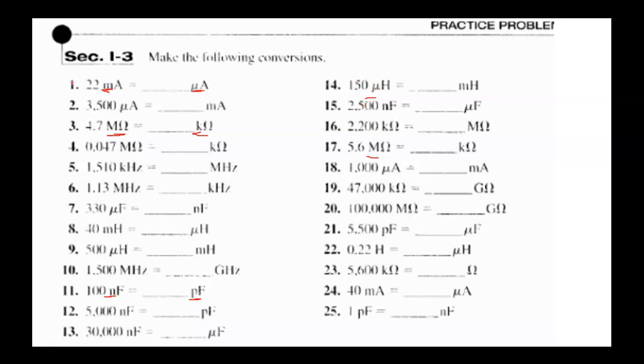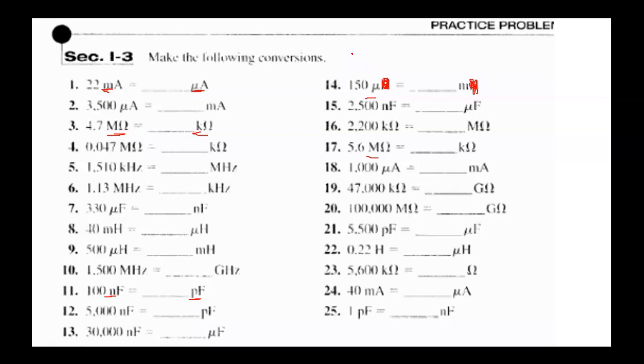So let's look at this one right. Let's give us some space. So number 14, I have 150 microhenry, and I'm looking to go to millihenry. I'm not really concerned about the big H right there. It means something that we're not going to get into right now. We're worried about the milli and the micro.